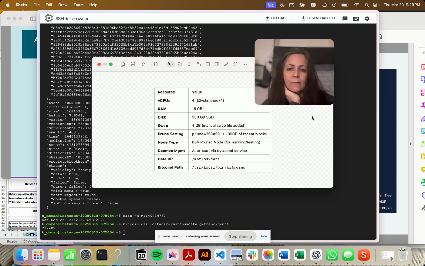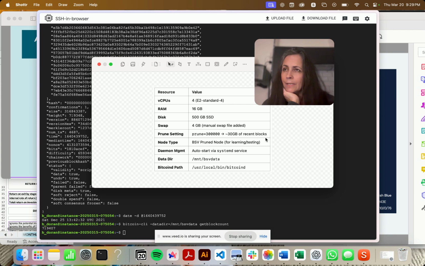I have 16 gigabytes of RAM, a 500 gigabyte SSD. I set up a swap because the thing was crashing all the time. And so first I increased my prune setting because I am running this pruned. So I only keep 30 gigabytes of recent blocks. And it used to be smaller, and I made it bigger.